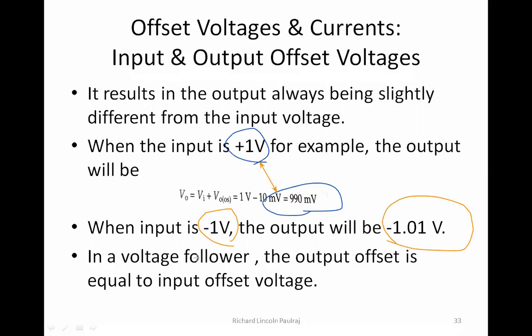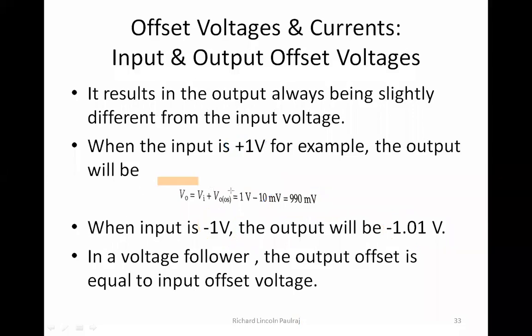It's all different. In a voltage follower, the output offset is equal to the input offset voltage. Did you understand this concept, students? Have you all understood how we have got this? Yes.